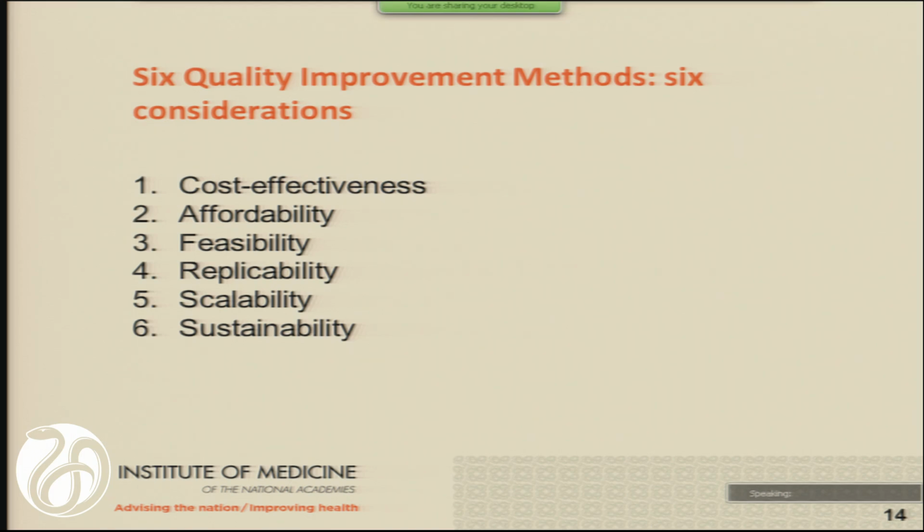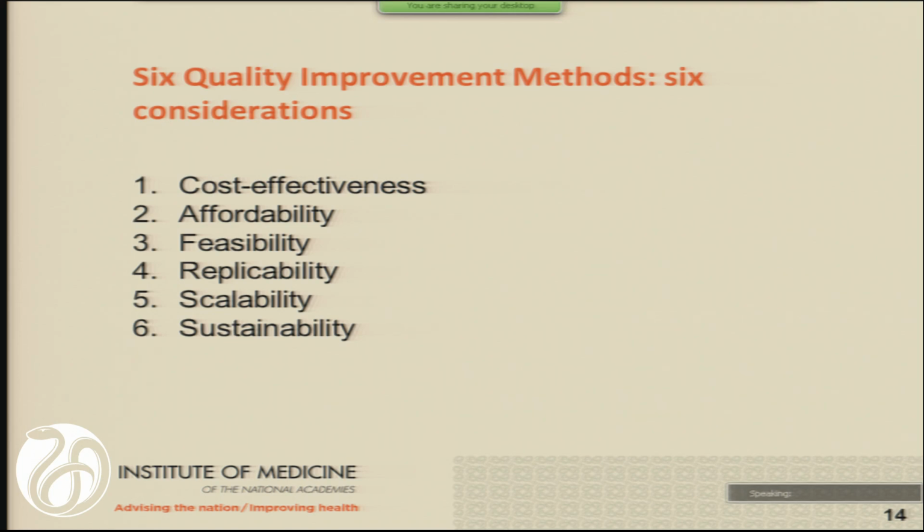Fourth, and critically important, is replicability. If we're going to have a population level impact beyond one particular center or set of centers, the quality improvement methods described must be replicated in a seamless fashion.